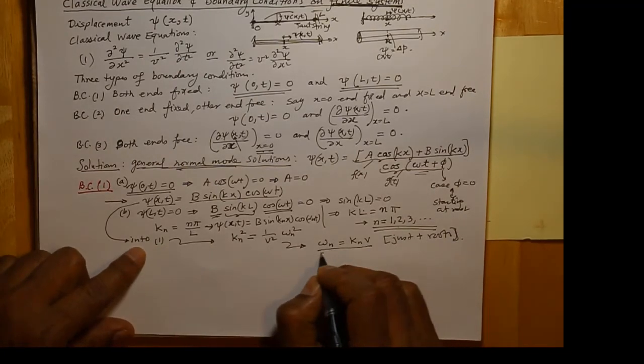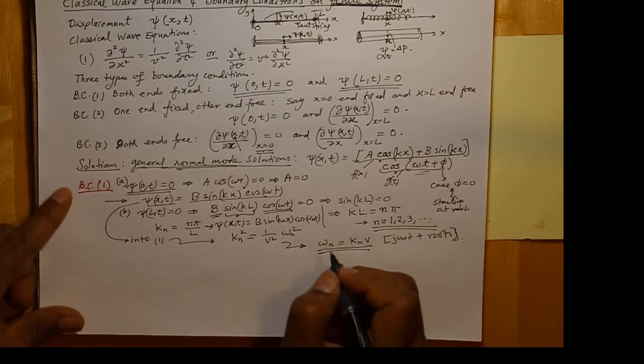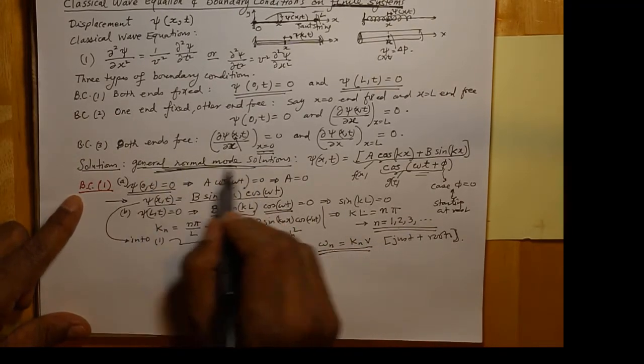So omega_n and k_n are related in normal mode solutions.